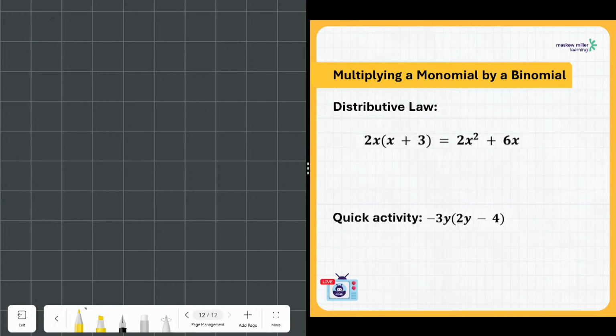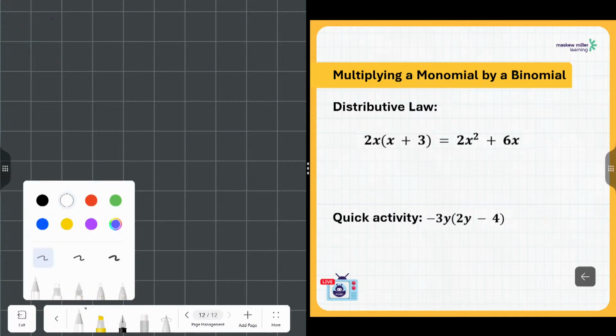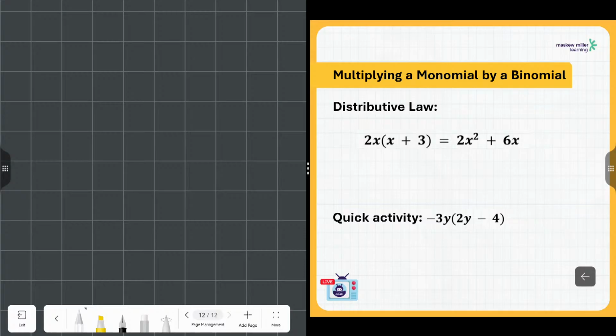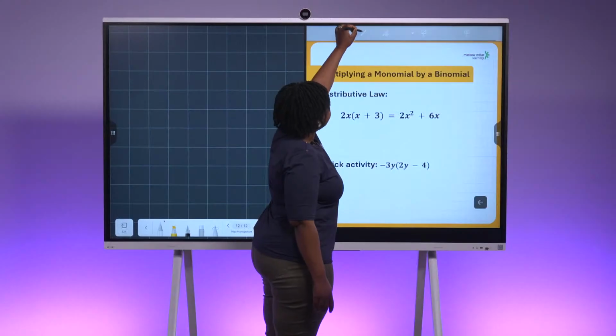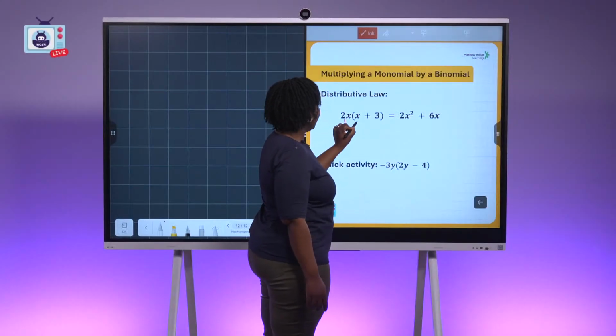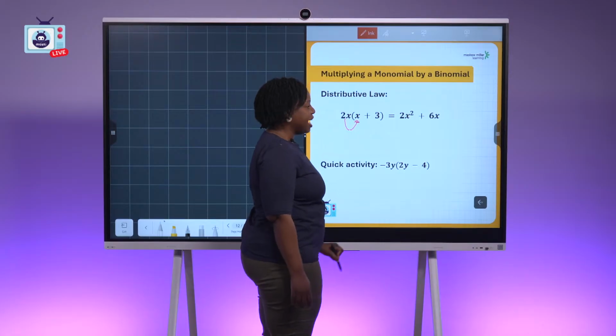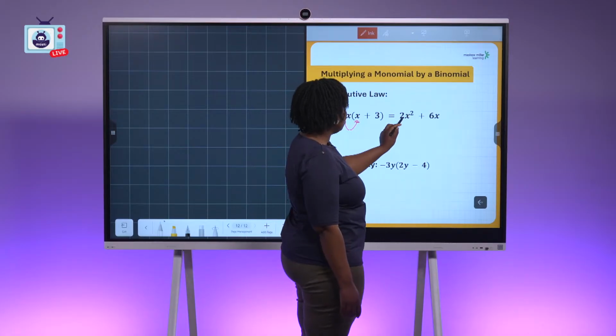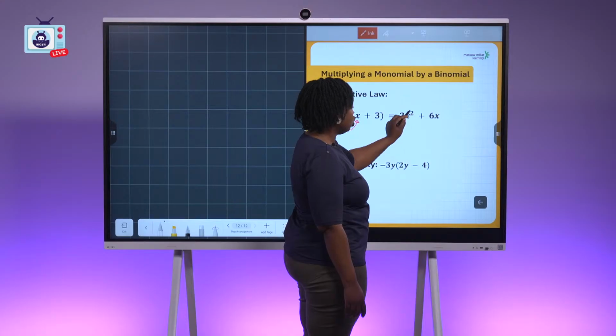With the distributive law, we said that every time you have a number outside the bracket, you multiply inside. So you're going to say 2x multiplied by x, which will give us 2x to the exponent 2.